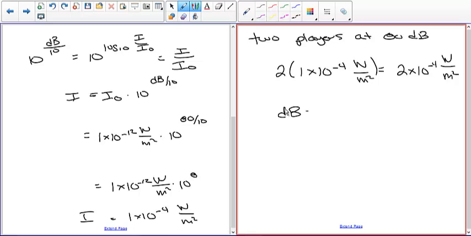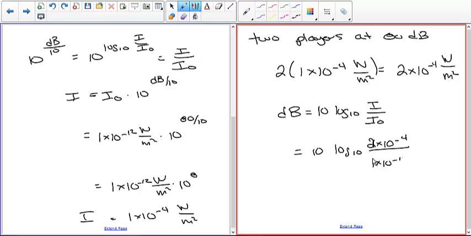Decibels is 10 log base 10 of I over I0. So we just plug in the numbers: 10 log base 10 of 2 times 10 to the minus 4, because I have 2 trumpet players, divided by 1 times 10 to the minus 12. These are both in watts per meter squared.